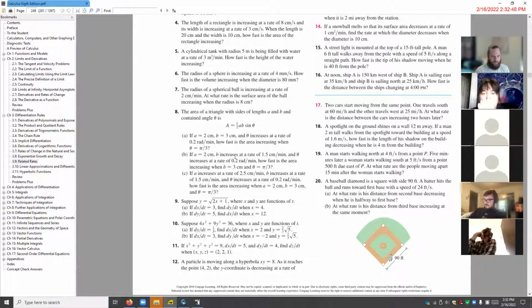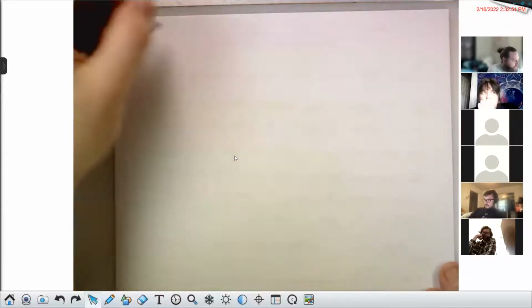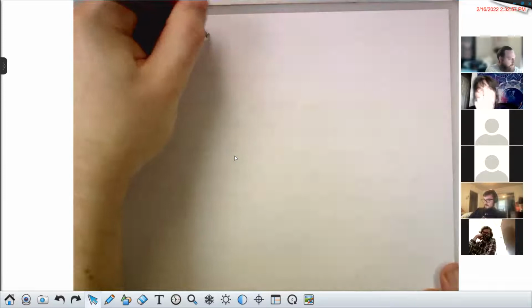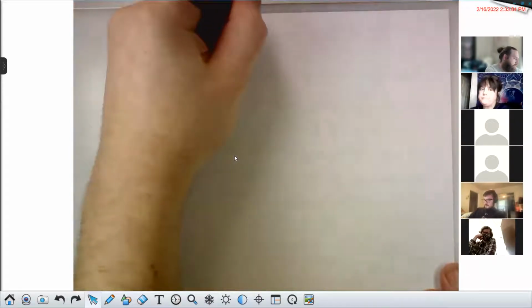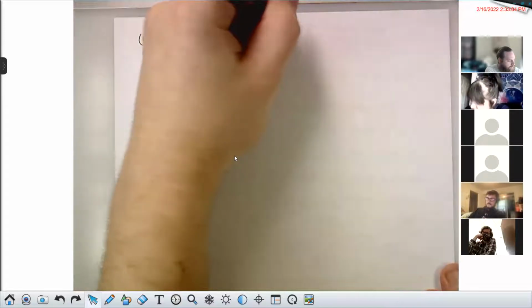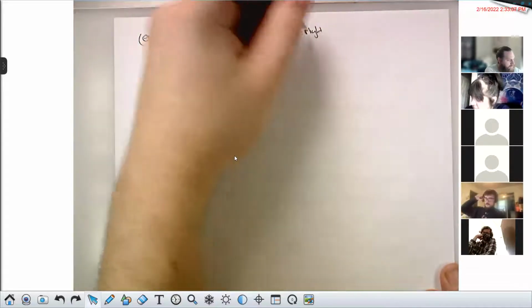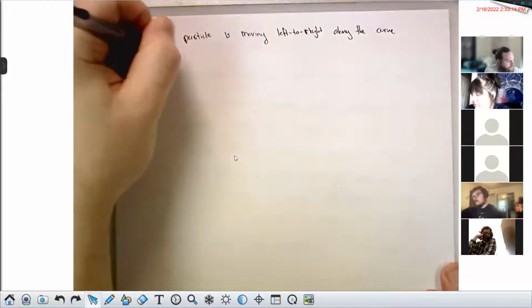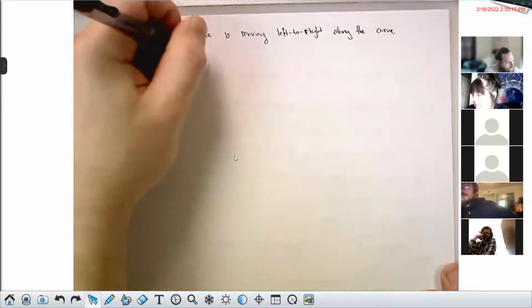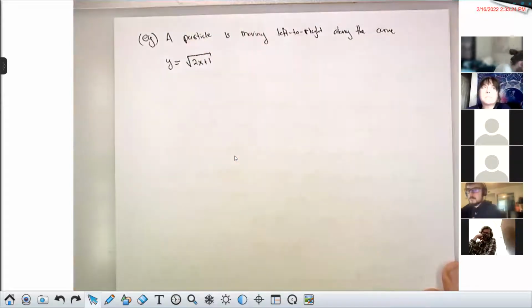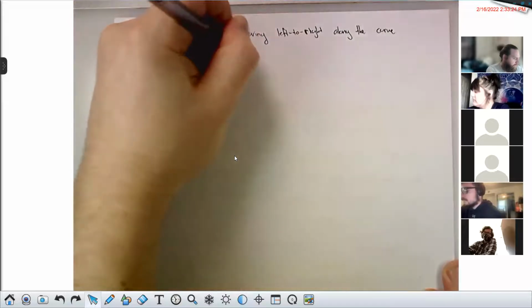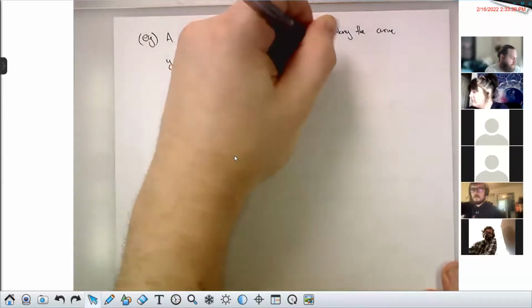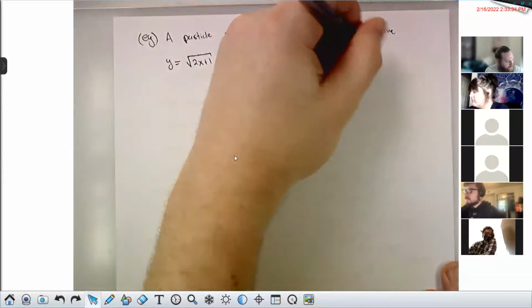So let me phrase this slightly differently. A particle is moving left to right along the curve y equals the square root of 2x plus 1, with horizontal speed 3 units per second.